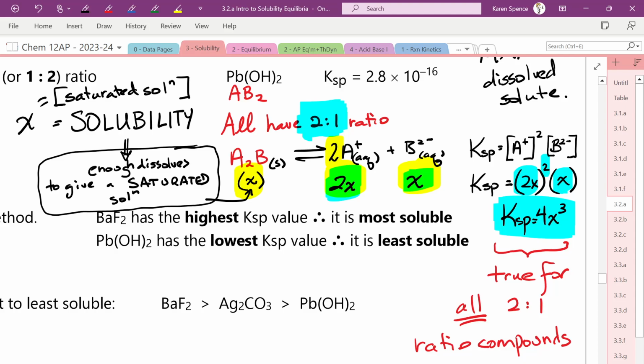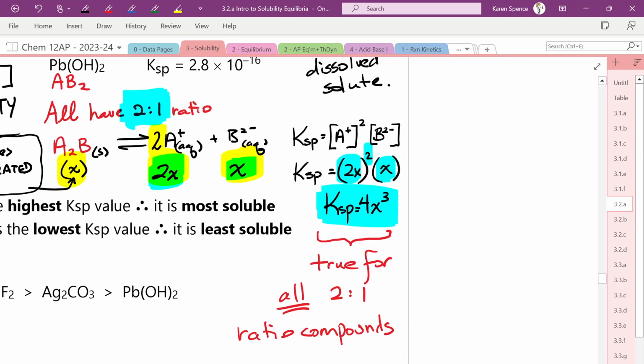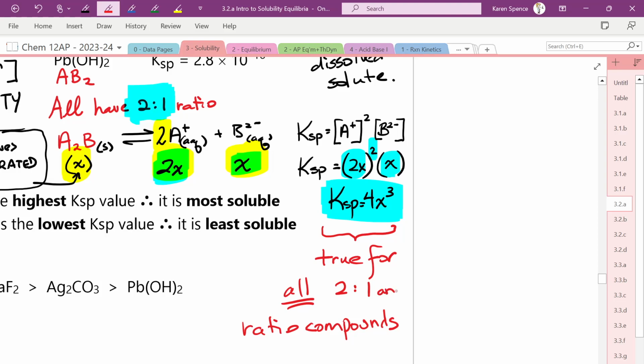Yes. Would it be true for all 1-to-1 ratio compounds? Nope. We'll figure out the formula for 1-to-1 ratio compounds. It's not going to be 4X cubed. We'll do 1-to-1 in a minute. All 2 to 1 and 1 to 2, yes.